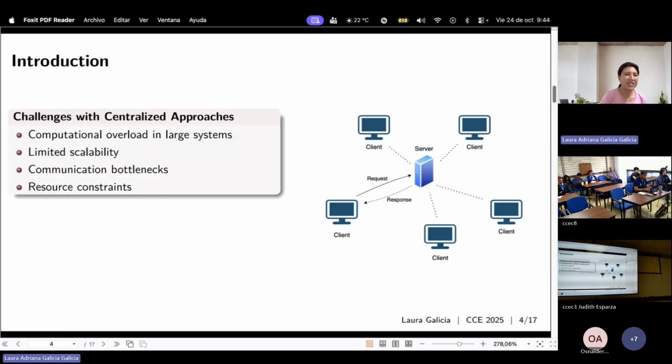When examining centralized approaches in practical applications, several critical challenges arise. Computational overload becomes apparent when a single estimator must process data from many satellites; processing demands become unsustainable.